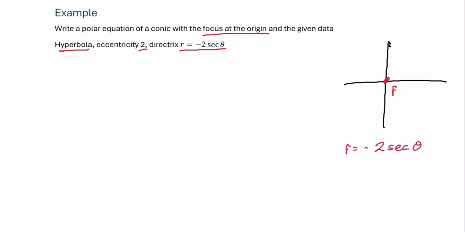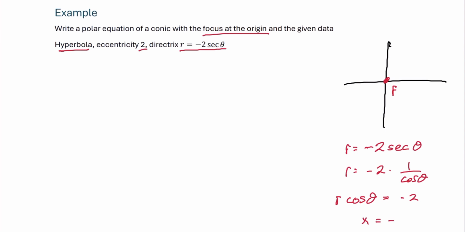Secant theta we can write as 1 over cosine theta. So r equals -2 times 1 divided by cosine theta. Cross multiply and we get r cosine theta equals -2. And recall that r cosine theta is simply x.